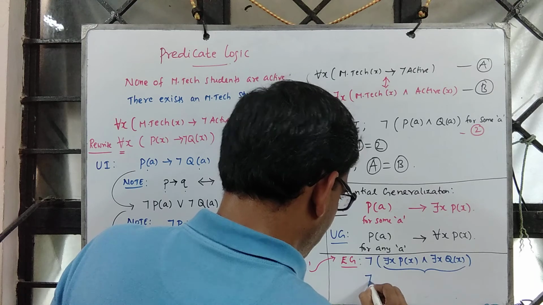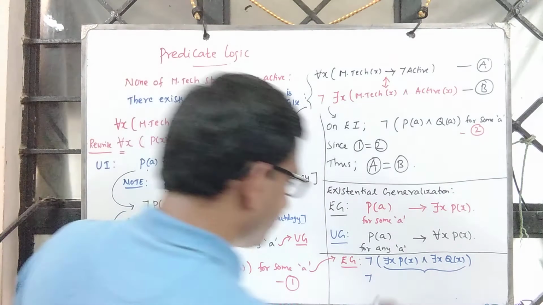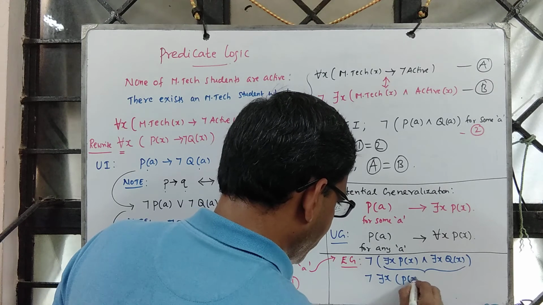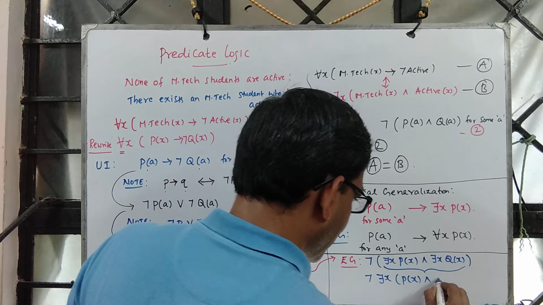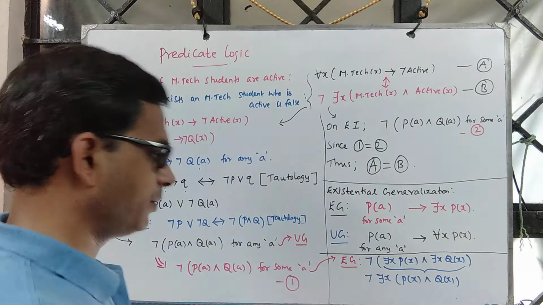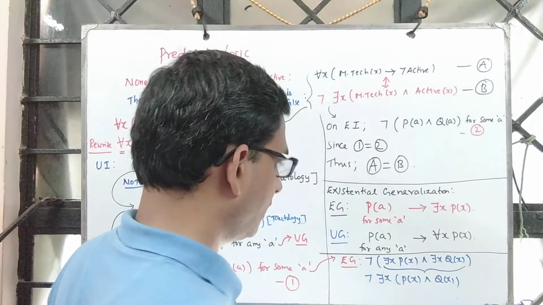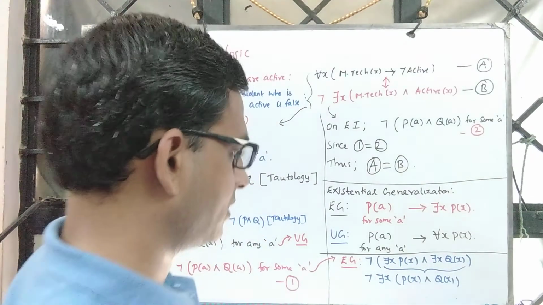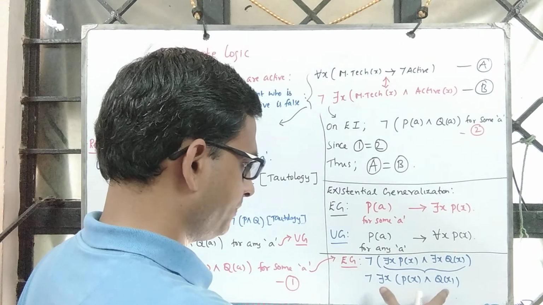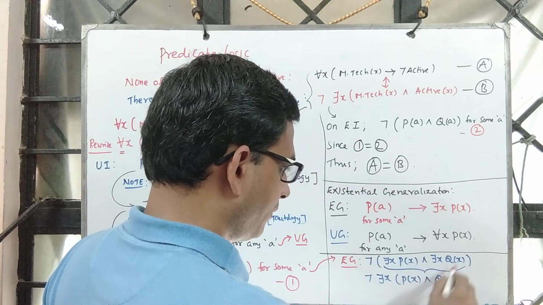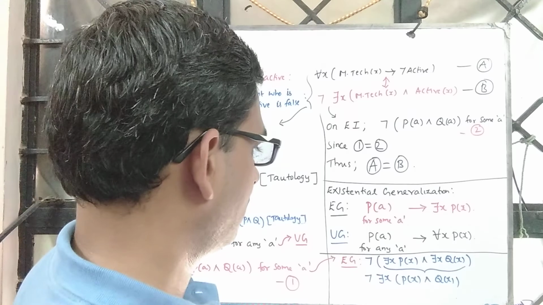Now you see that there exists X, P of X and there exists X, Q of X, and this is equivalent to writing there exists X, P of X and Q of X. This also we will prove. For the time being, assume that this and this are equivalent. In the next lecture we will prove this, that there exists X, P of X and there exists X, Q of X is precisely this.